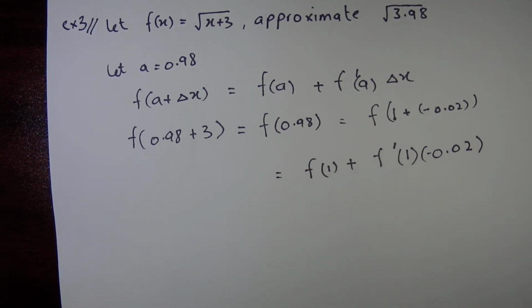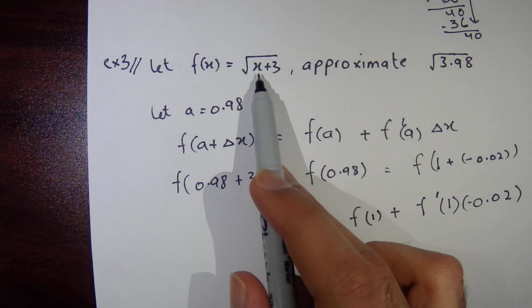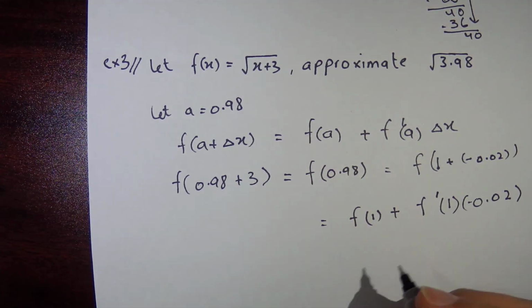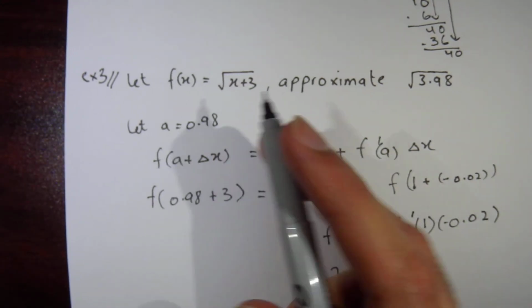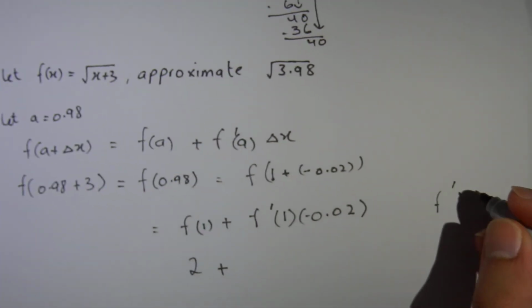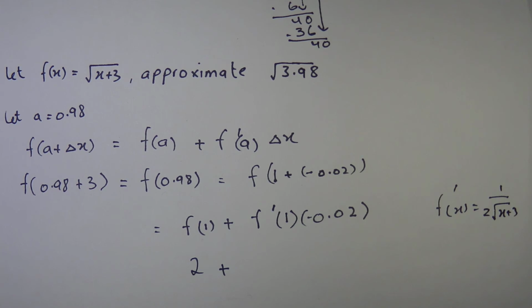And this right here will be our differential equation. So f at 1, we know exactly what that is. 1 plus 3 is 4, square root of 4 is 2, plus f prime at 1. So we need to find the derivative of that, which I've already calculated as 1 over 2 square root of x plus 3.